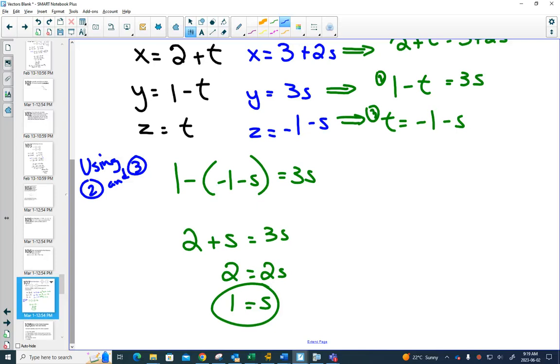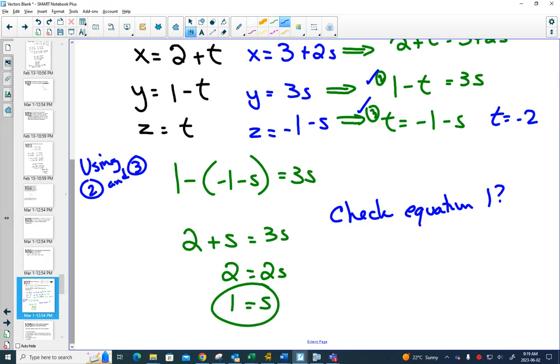So when s is equal to 1, can you see that t, if I plug s as 1 in here, t would be negative 2. And that will work for both equation 2 and equation 3 for sure, because those are the equations I used to solve. But there are going to be some times in 3 dimensions that you solve equation 2 and equation 3, you also need to check, does it also work for equation 1?